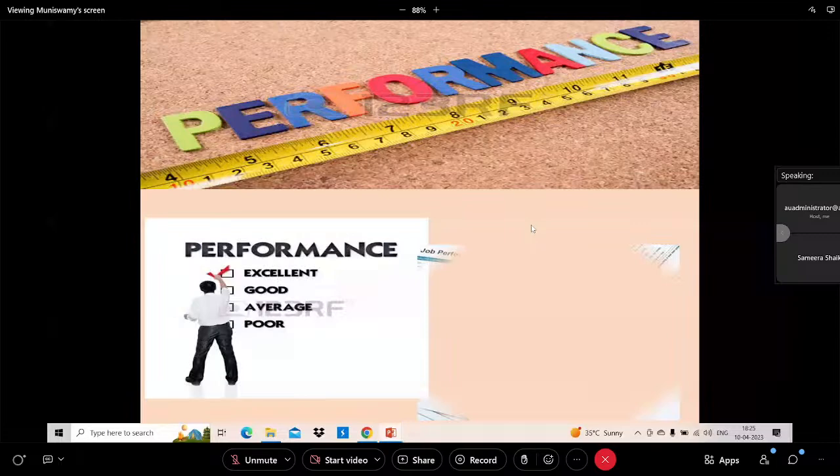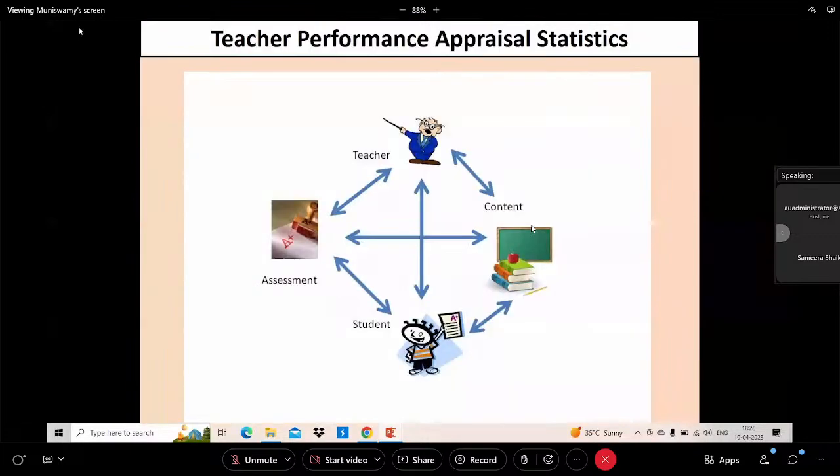Now you see, for the teacher performance appraisal statistics. Just a moment.